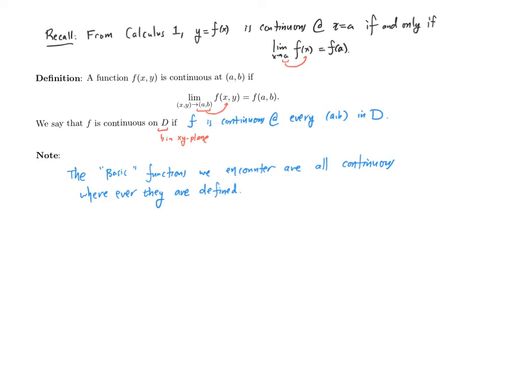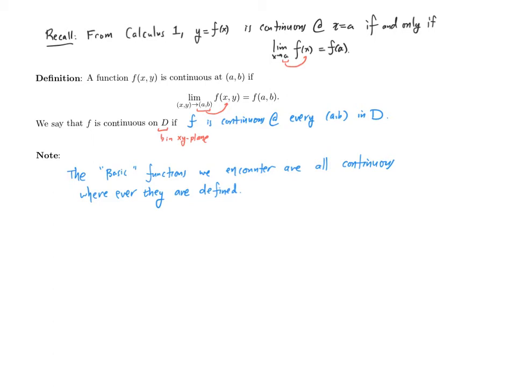All of these things are continuous as long as you stay in their domain, where it makes sense to talk about them. So we have to be careful of things like dividing by zero, taking square roots of negative numbers, and those basic built-in domains to things like natural logs, trig functions, etc.